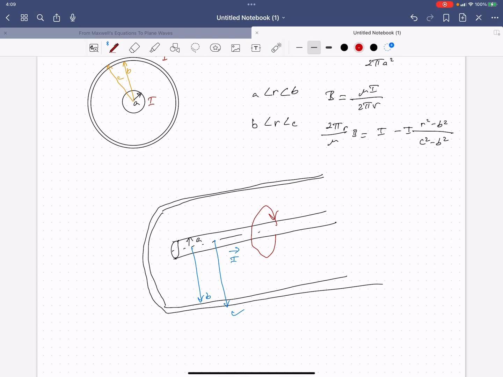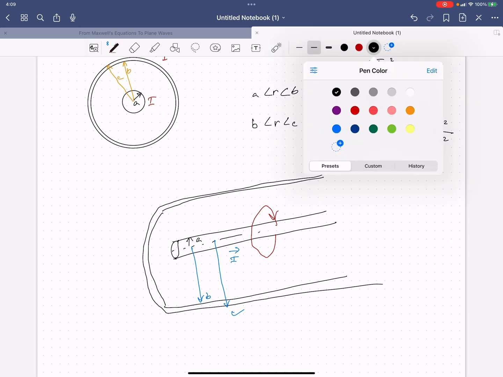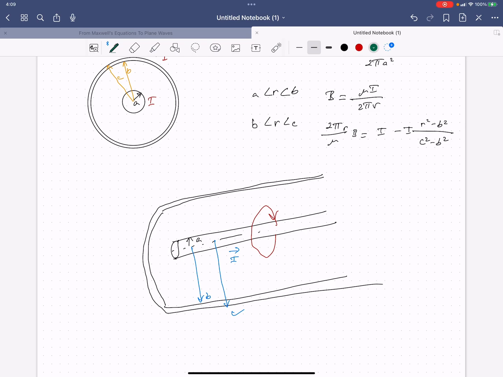So if we want to figure out the flux linkages, flux linkages are defined as points where the magnetic field is crossing once. So the surface we define for the flux linkage has to look something like this.